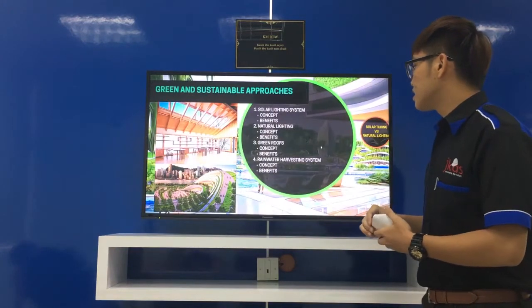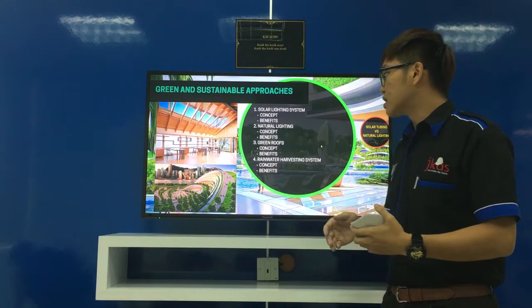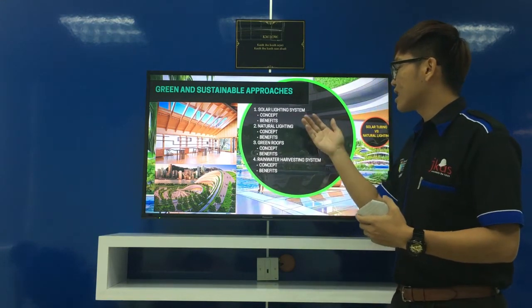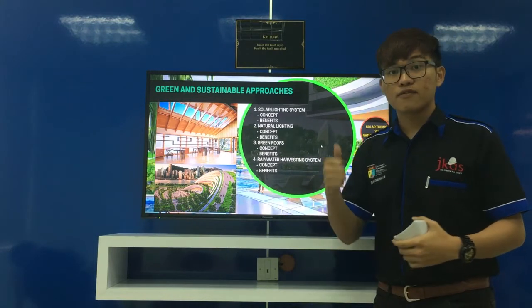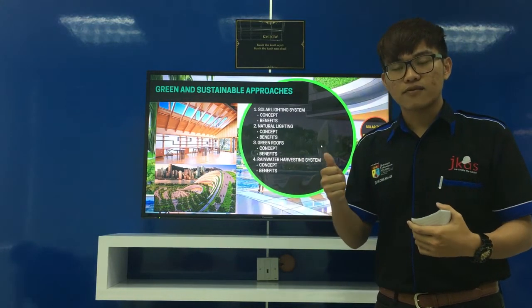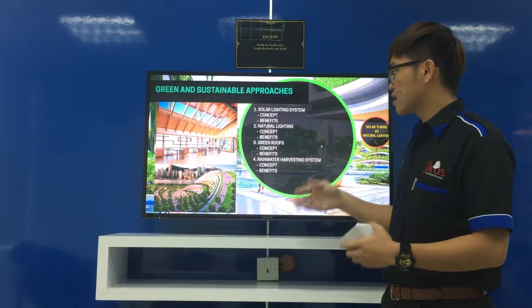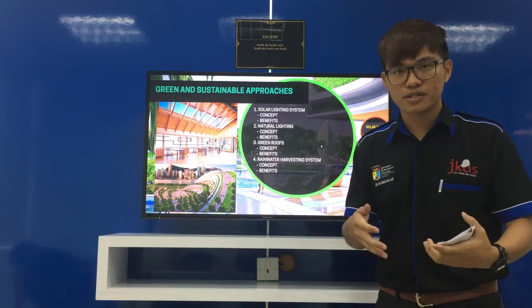The benefits of the natural lighting system are almost the same as the solar lighting system, which are saving money and fast installation.